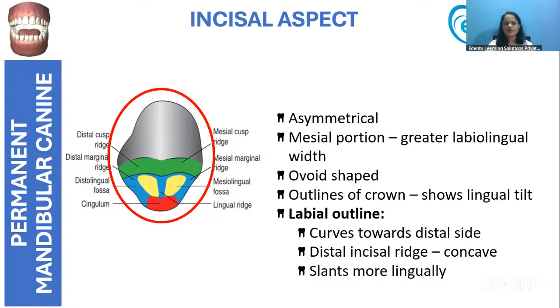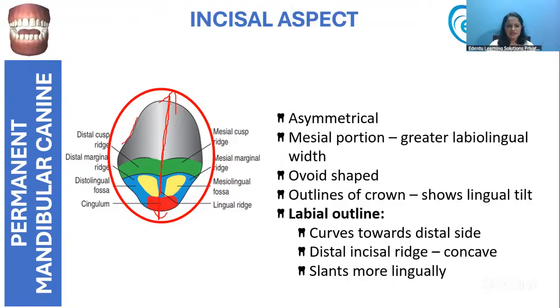Just like that, here also it is very prominent and stretched to contact the adjacent first premolar, and it shows a lingual tilt. And the labiolingual width, just like the maxillary canine, here also the labiolingual width is more when compared to the mesiodistal width.